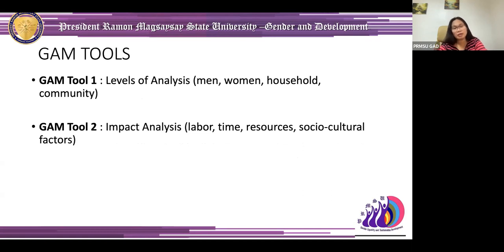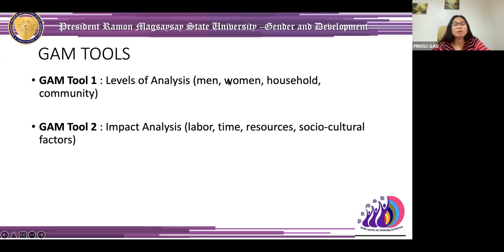So I will be sharing with you GAM tools. So we have the first tool and then the second tool. The first one is the level of analysis. Na in the level of analysis, dapat makuha po natin ang opinions ng mga babae, ng mga lalaki, and ma-analyze din natin how the household could be affected by the program that we are going to introduce.